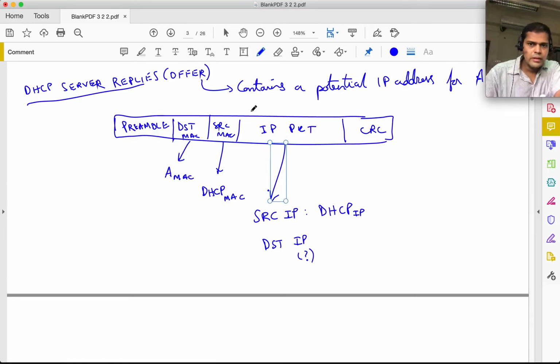So one particular IP address is being offered to A, but A has not actually accepted that particular IP. I mean, it's not yet configured. So you can't really send a packet to that particular IP address and assume that it's going to be received by A. So what are we going to put here? We are going to put all ones, which means that we are going to broadcast it.